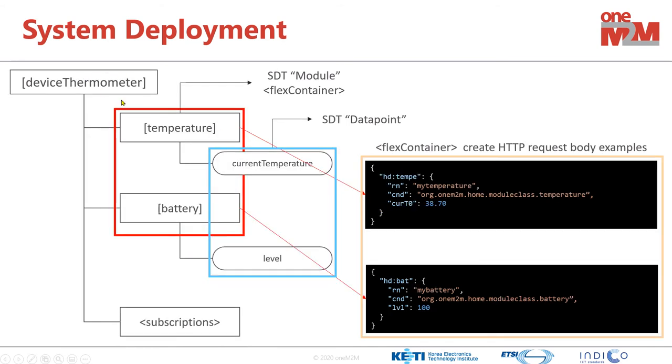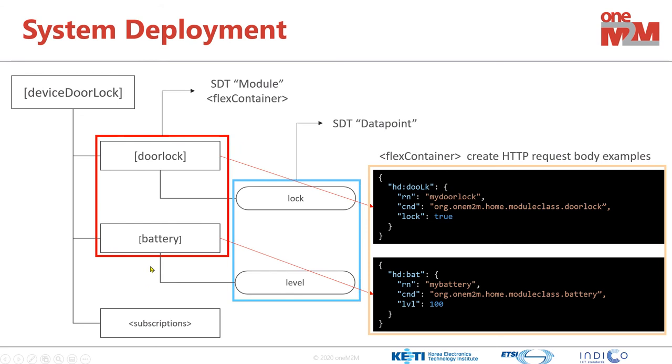And for the thermometer, there are two different modules. One is the temperature and the other is battery. So this shows that the SDT is the modularization, which can be reused within different devices, like the thermometer has battery and the door lock has battery. So this is the modularization that SDT is aiming for.